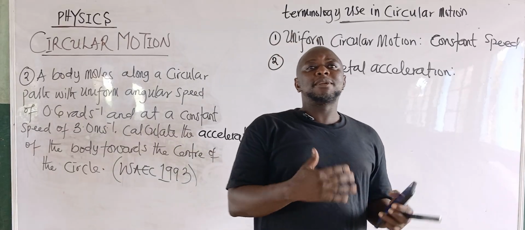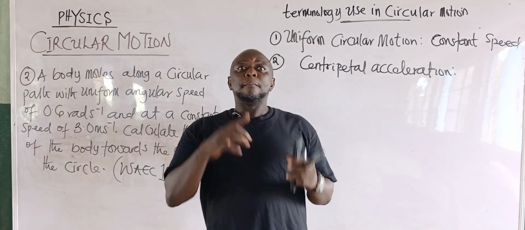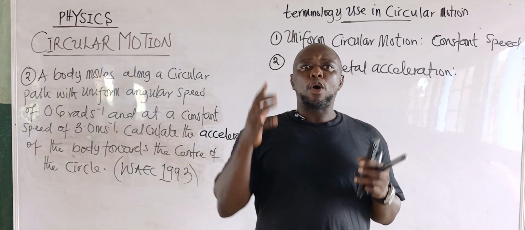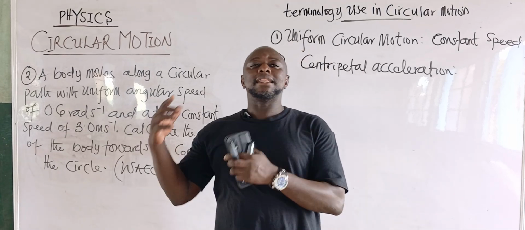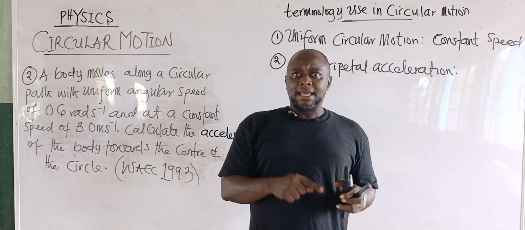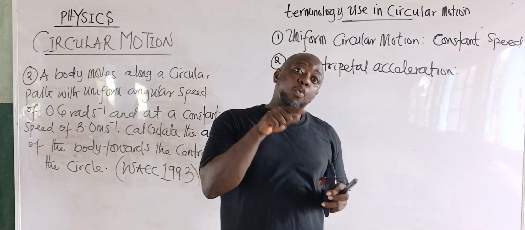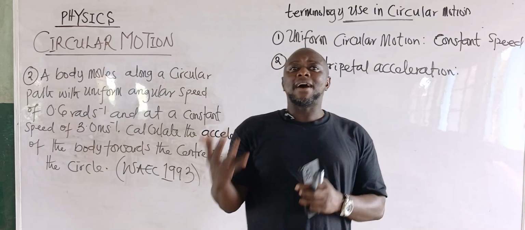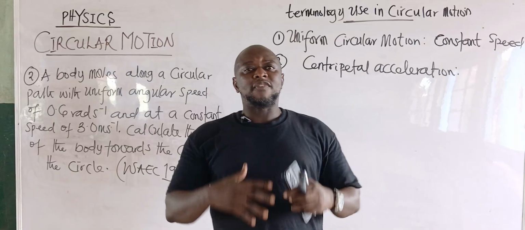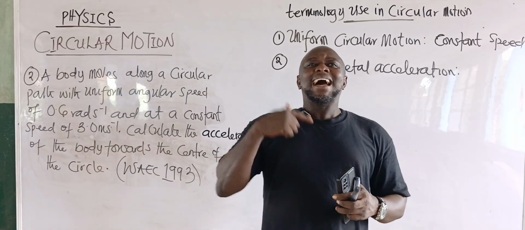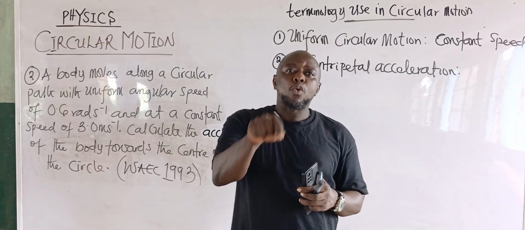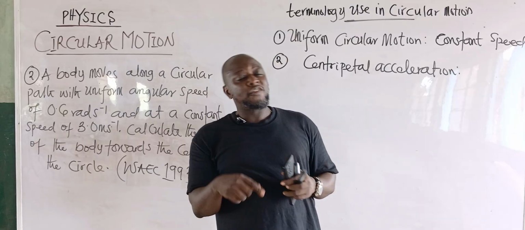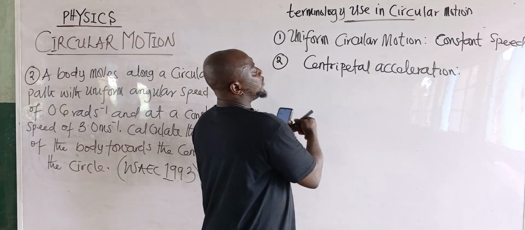Centripetal acceleration can be defined as the motion of an object in a circular path and is directed towards the center of the circle. I say that again. This is defined as the motion of an object in a circular path and it is directed towards the center of the circle.